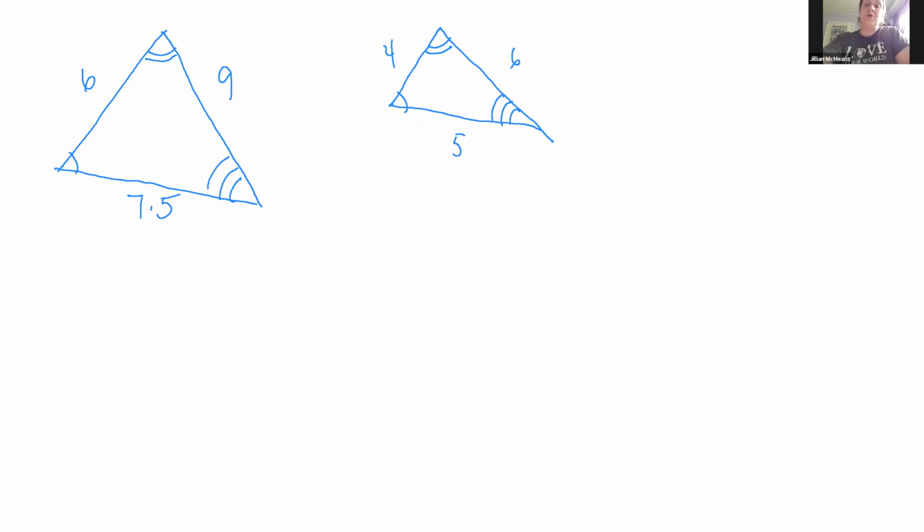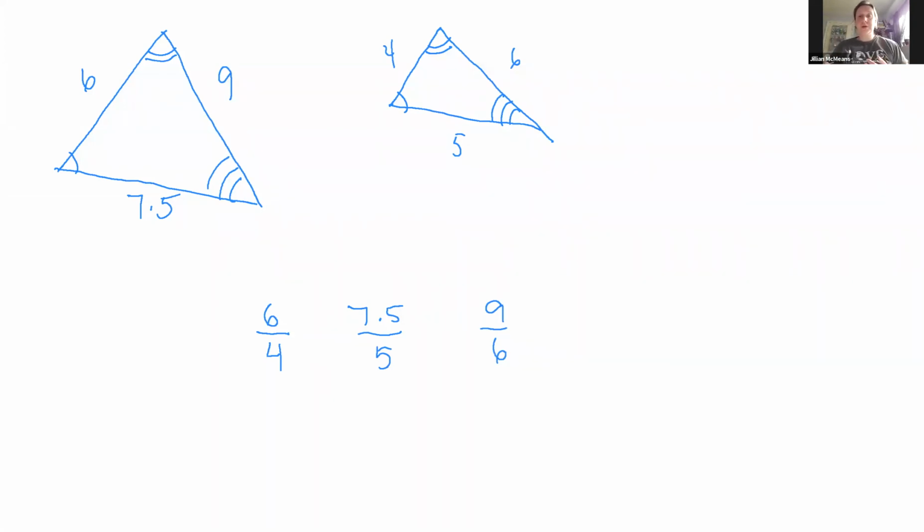So I'm going to do larger triangle compared to smaller triangle. The middle side on the bigger triangle is 7.5, and that's going to correspond to the middle side on the smaller triangle. So I get 7.5 to 5. And then the longest sides correspond, which would be 9 to 6. Okay, so you can see the corresponding sides here.